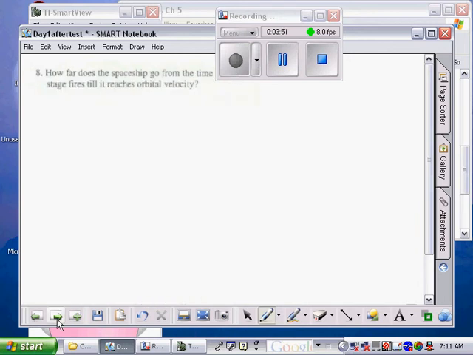Is this it? Is this the last one? Oh, we have a 9. Okay, how far does the spaceship go from the time the last stage fires until it reaches orbital velocity? So, they started time, if we go back, I think they started time when they fired that rocket, so we'll start at 0.